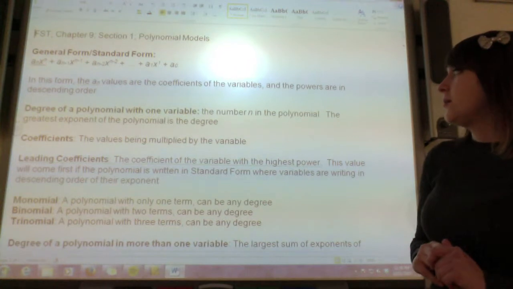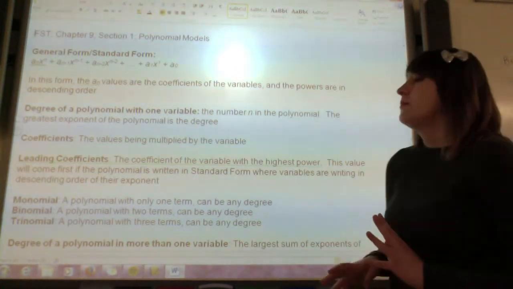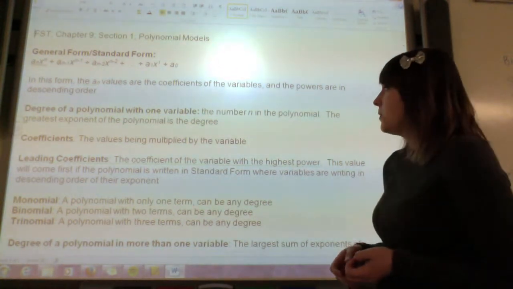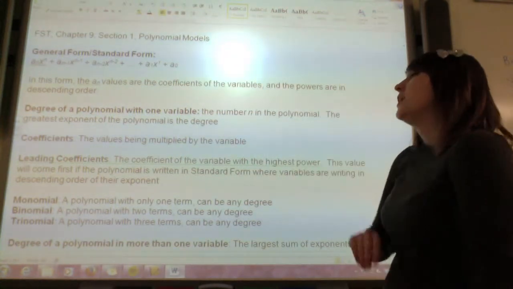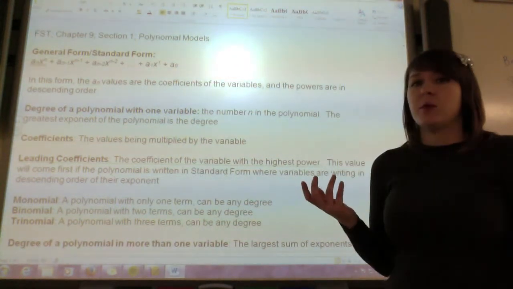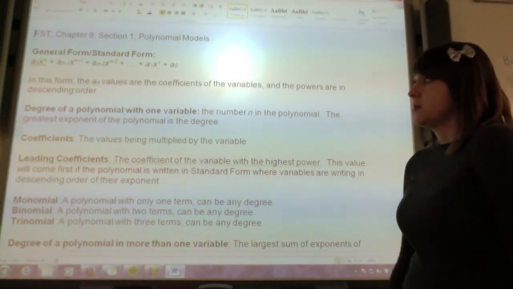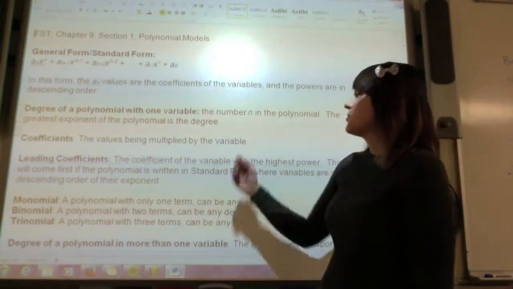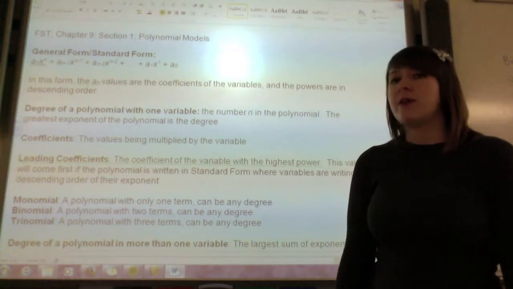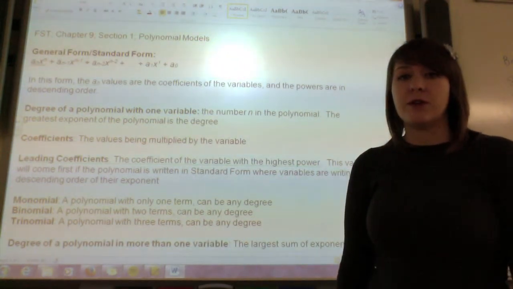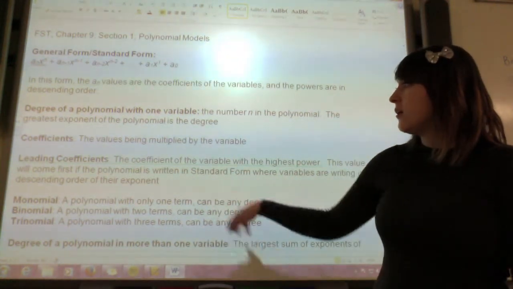The degree of a polynomial with one variable. If you want to find the degree of a polynomial, it's just the highest exponent for that polynomial. So we'll do some examples later. Coefficients are just the values being multiplied by the variable, so those are the numbers in front of your variables. Leading coefficient.